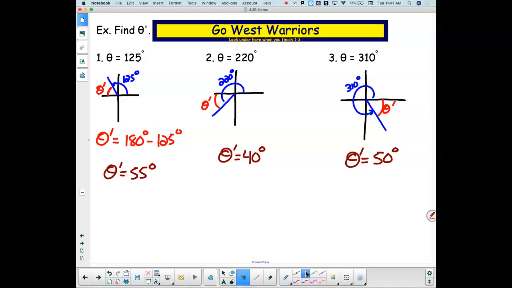Agree? I don't know why you got 40, because it's 360 degrees all the way around the circle. So if you go 360 minus 310, that leaves you with 50.